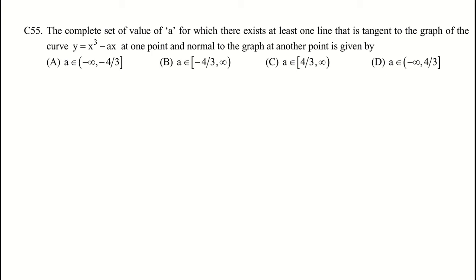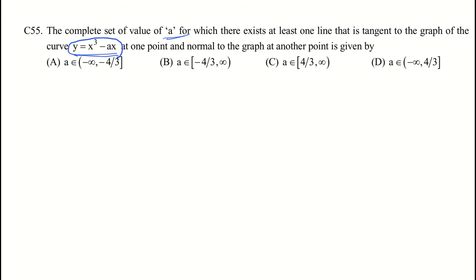Okay, so according to the problem, the curve should have a line which is tangent at a point to this curve, and the same line should become a normal at another point to the same curve. So if we want such a line for this curve to exist, then what are the values of a?